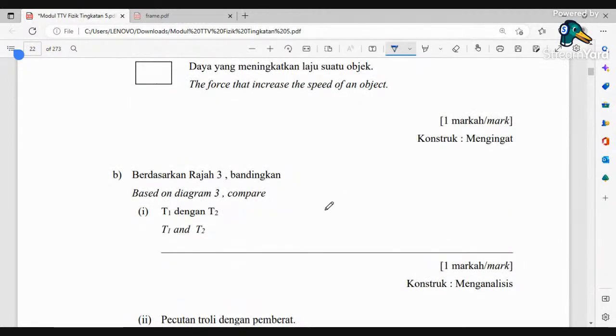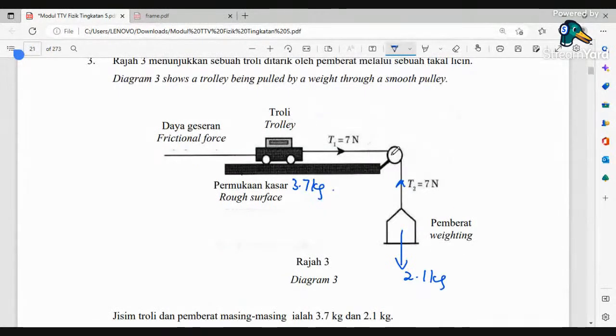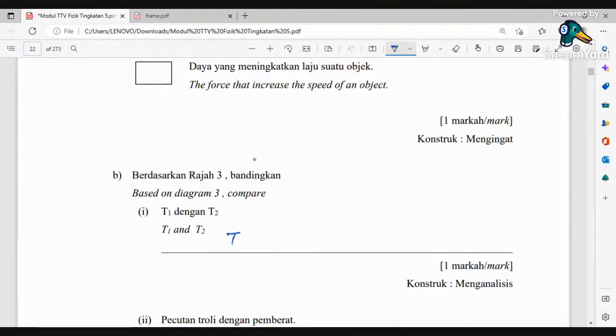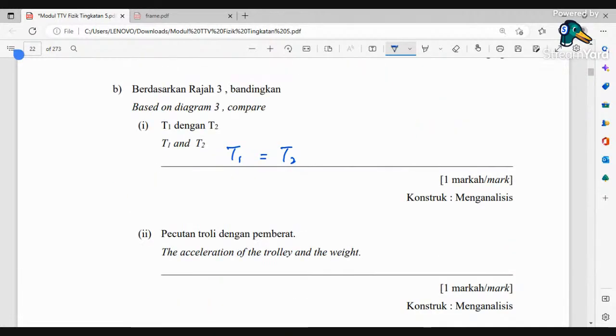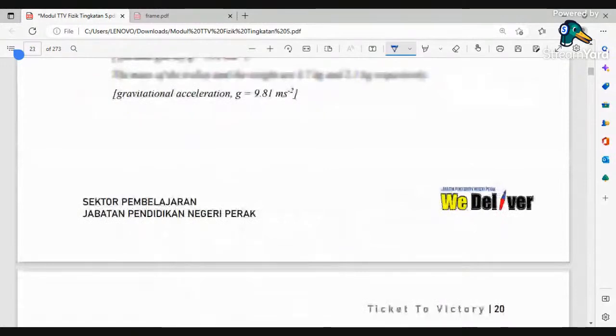Okay, based on diagram 3, compare T1 and T2. Because the pulley is smooth and frictionless, T1 equals T2. Next, the acceleration of the trolley and weight. If we want to find acceleration, we can consider the whole system.